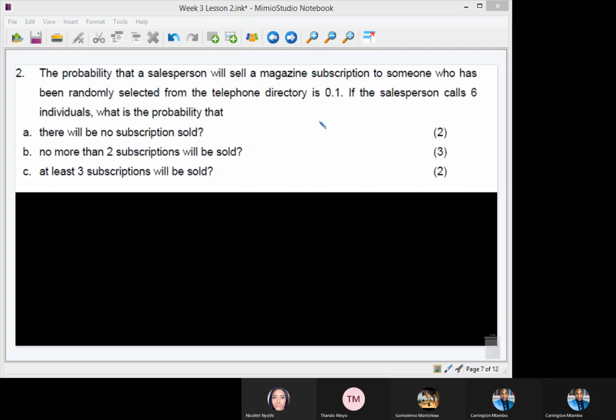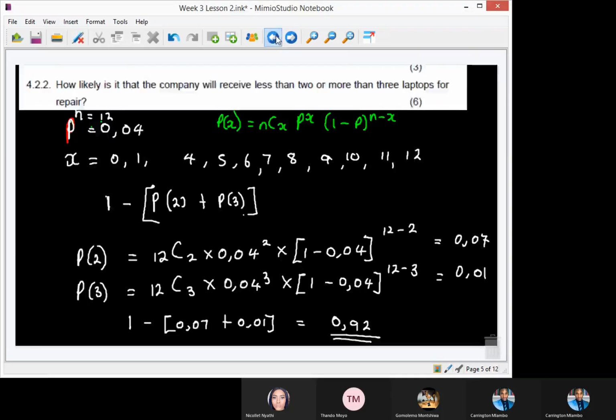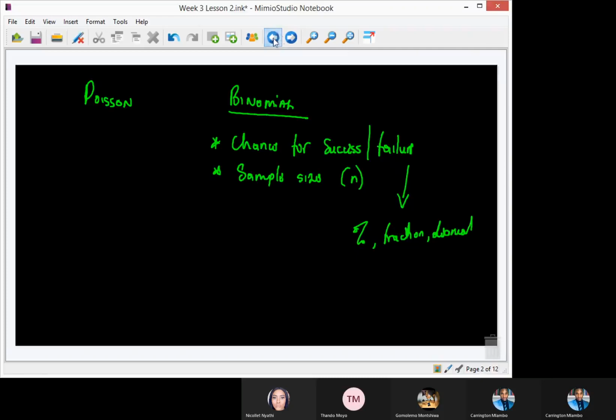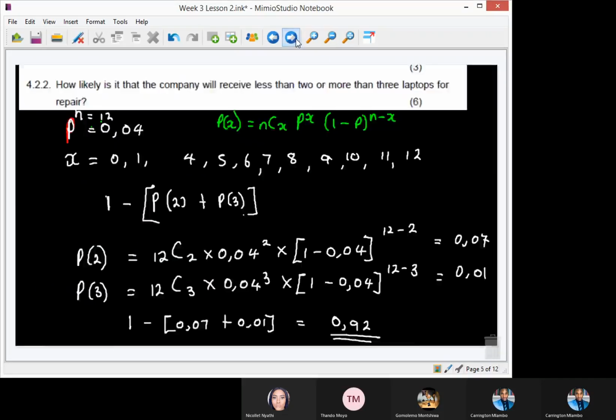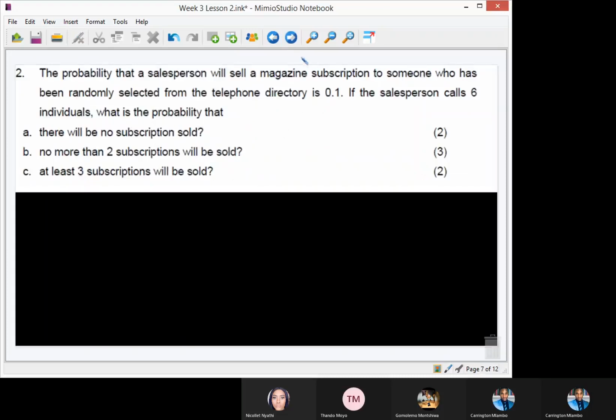You see, there's probability. If you check from the beginning, I wrote that there's a chance of success or failure, either as a percentage, fraction, or decimal. In this question your probability is in the form of a decimal. So this is binomial.